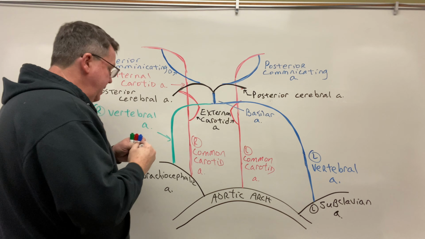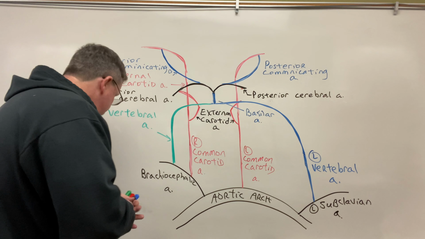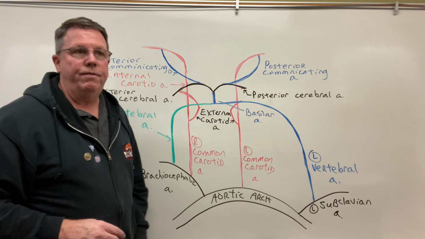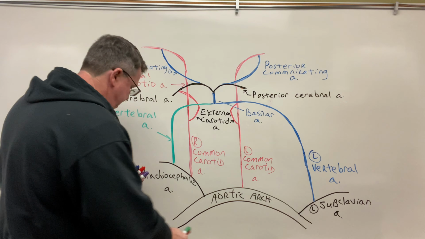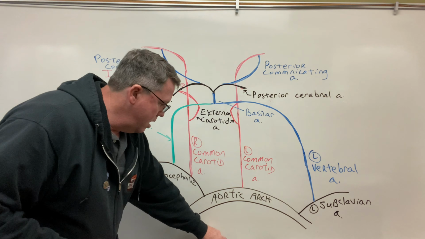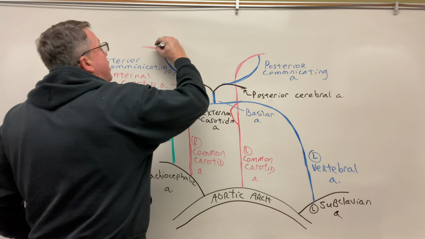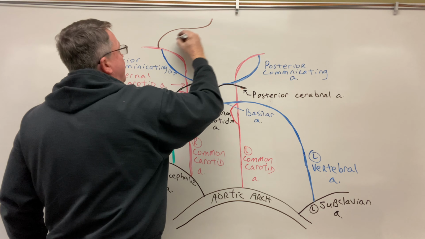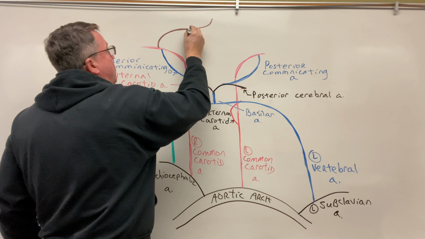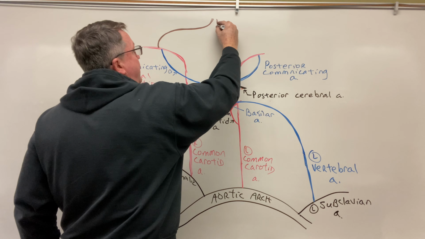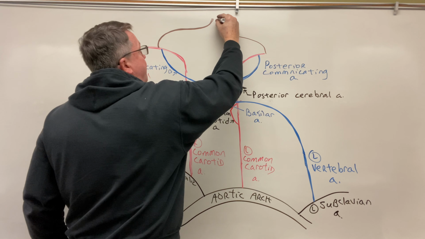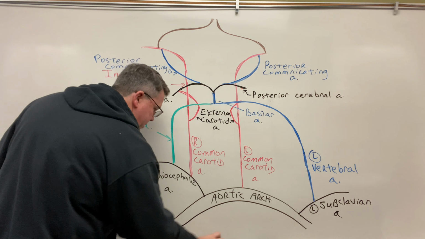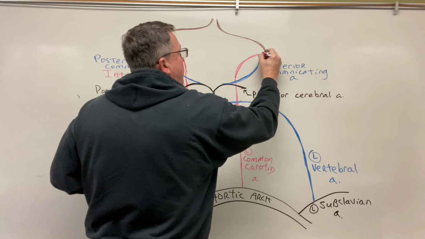Now, the next thing that's going to happen is up in here. I am going to have an artery that comes off of this internal carotid right here. So let me get my brown. Coming off of here, this now bifurcates and goes like this and comes up like this. So right where this comes off is basically the end of the internal carotid artery. Okay, and I'm going to draw this going out a little bit further here.